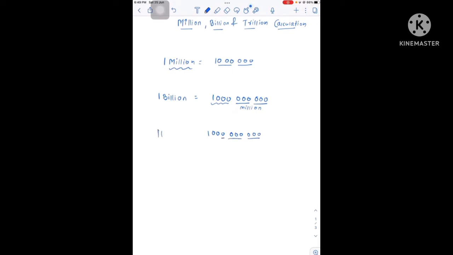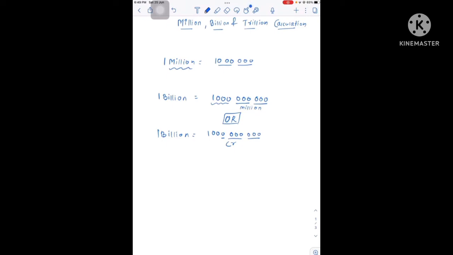So I can say 1 billion is equal to 100 crore, because the balancing figure is 100 over here and these 7 zeros stand for crore. So 1 billion is equal to 1000 million, or you can say 1 billion is equal to 100 crore.